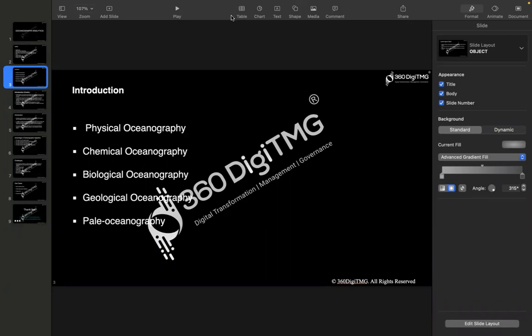So these are the 5 types of oceanography.